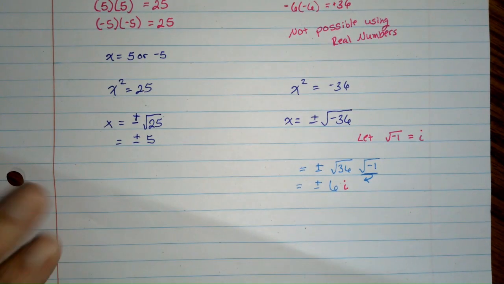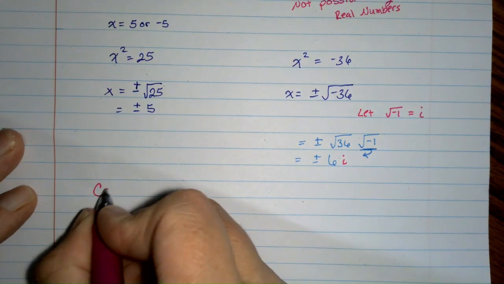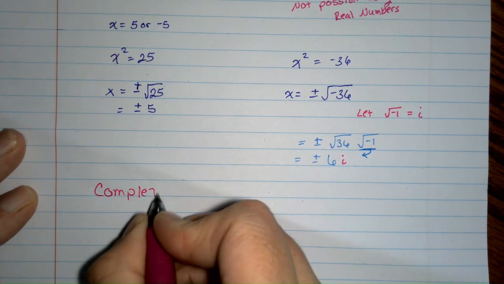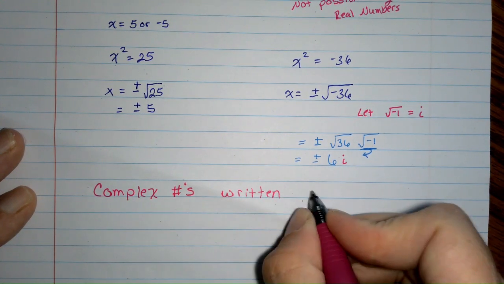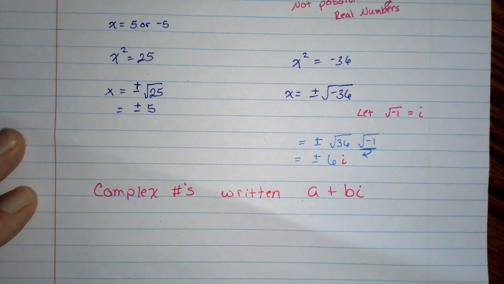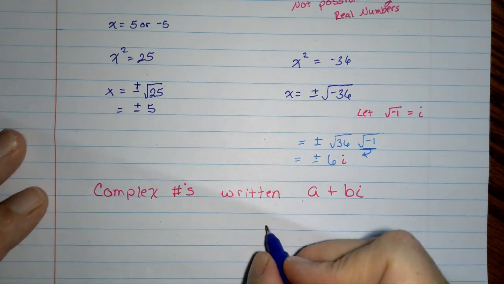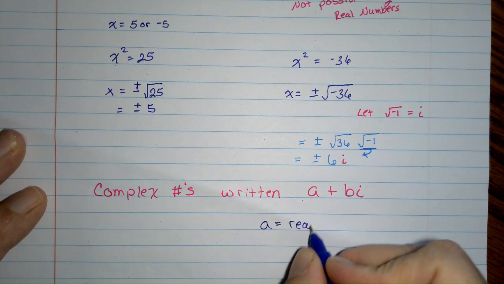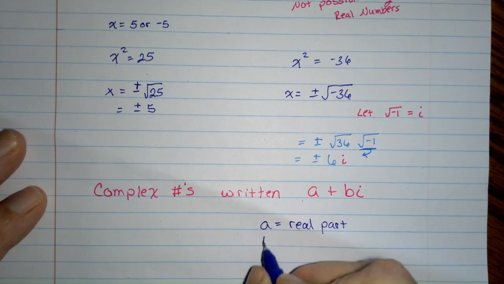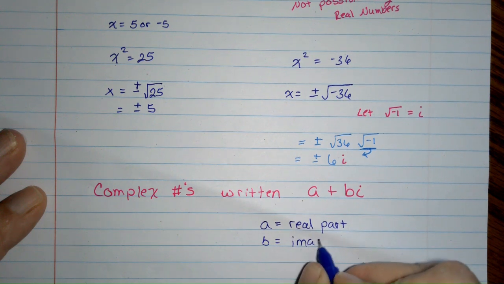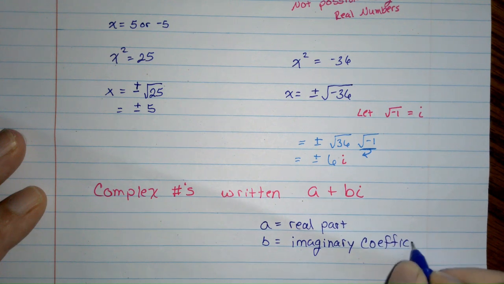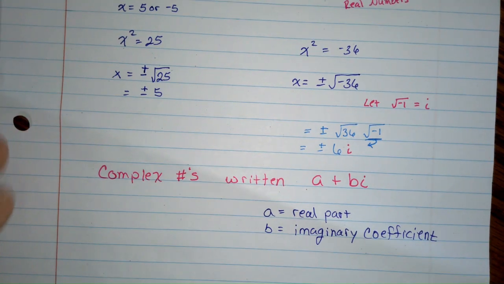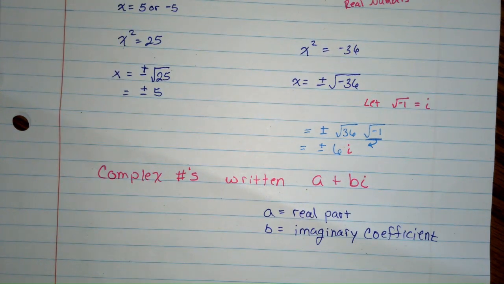So in your final answer, complex numbers come in the following form: a plus bi. a is your real part. b is your imaginary or complex coefficient. You will also know that there's not an exponent on the i. Complex numbers do not have exponents on their i.